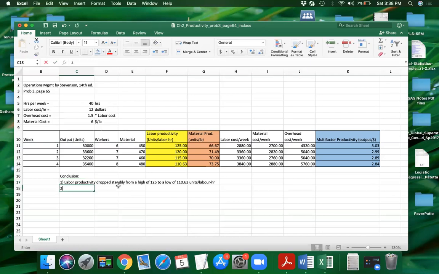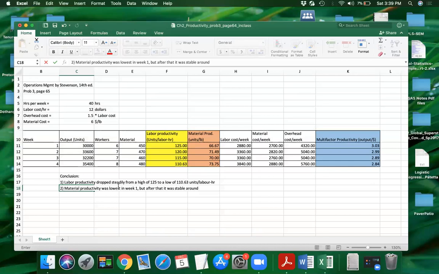Number two, material productivity was lowest in week 1, but after that it was stable around 70 units per LB.